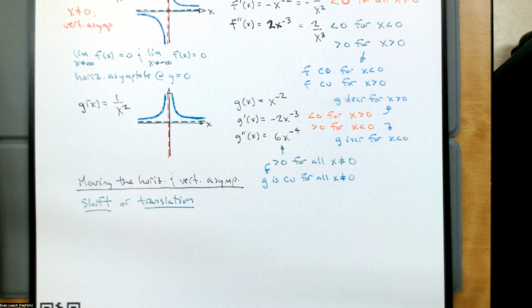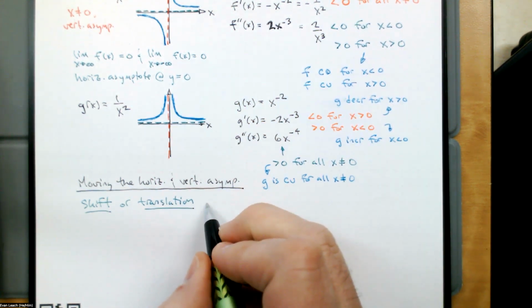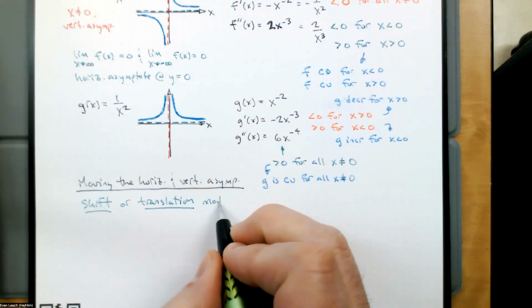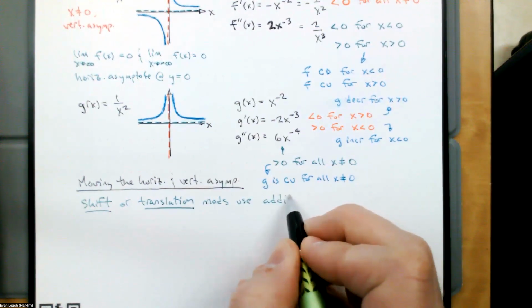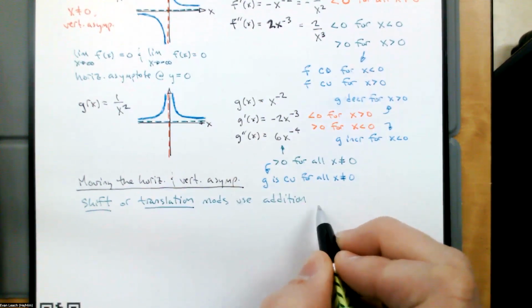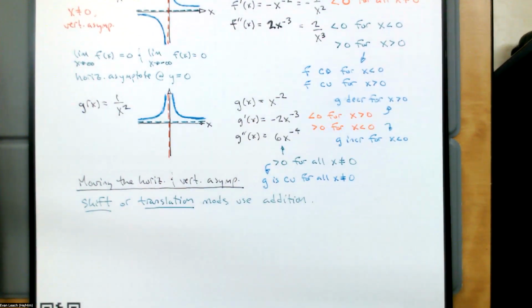So if we modify our inputs and outputs with addition, we're going to produce a shift or translation. Translations are mods that use addition.